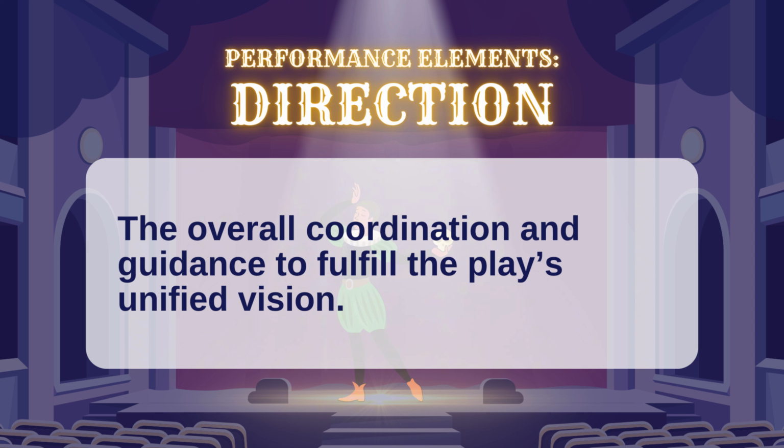So from the word direction, this is the overall coordination and guidance to fulfill the play's unified vision. So this is basically the director's vision for the play, coordinating all elements to create a unified performance.